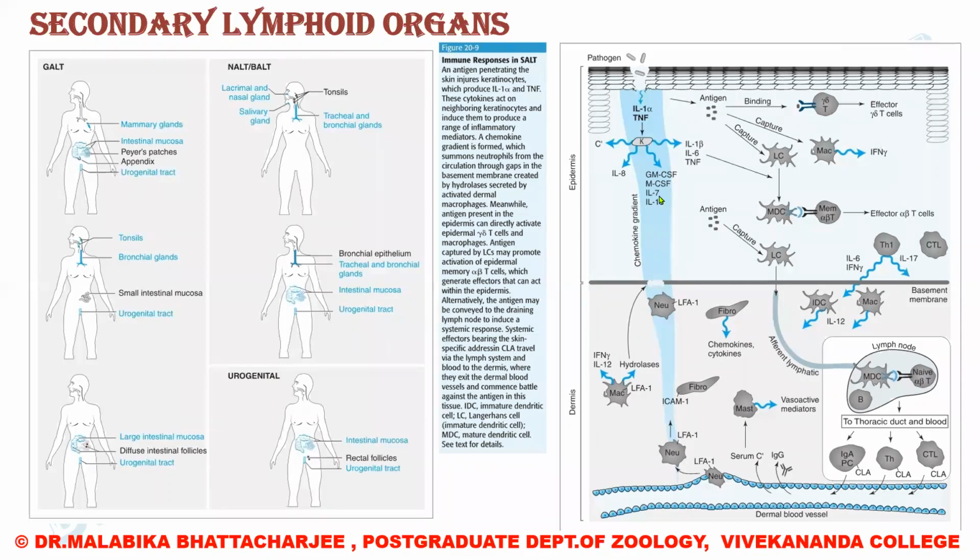So this is happening on one hand. On the other hand, whenever the pathogen has invaded and the antigens of the pathogen are fragmented, the antigens come out and are recognized by this category of cells, the gamma delta T cells.